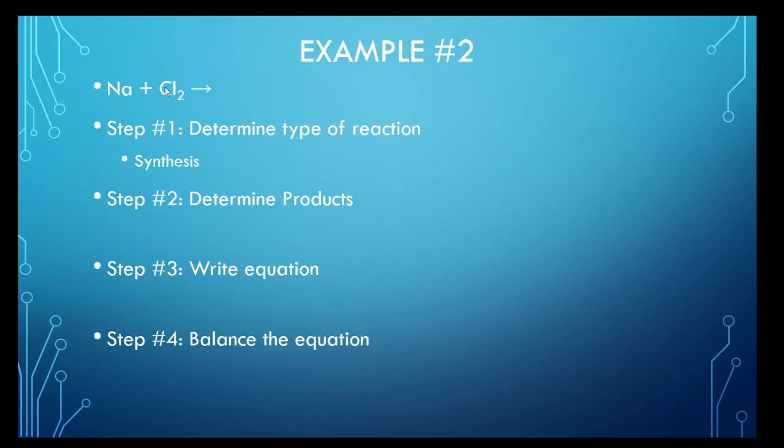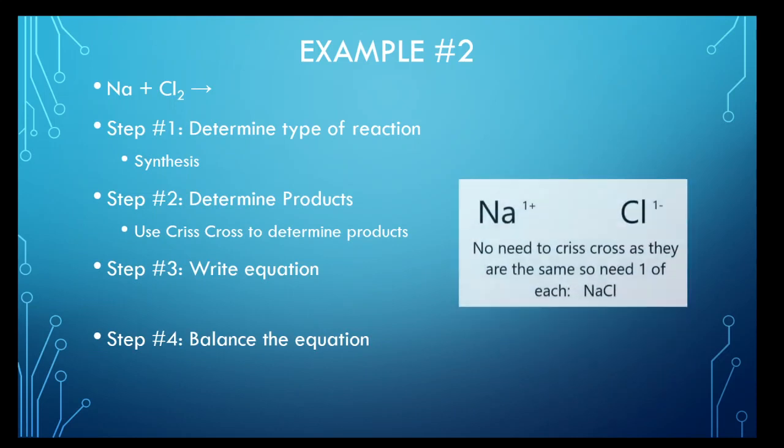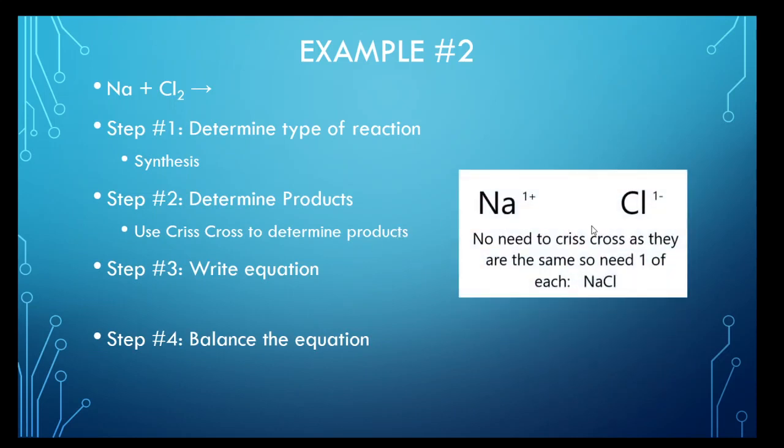Well, sodium is a metal, chlorine is a non-metal, so this will be an ionic compound, so we will need to crisscross. So we're going to use crisscross to determine our products. Sodium is a +1, chlorine is a -1, so there's actually no need to crisscross as they are the same, so you just need 1 of each.